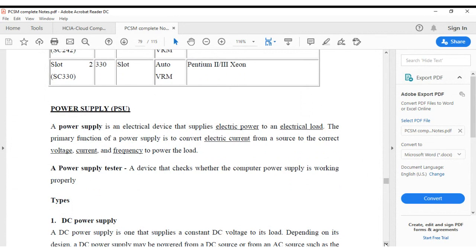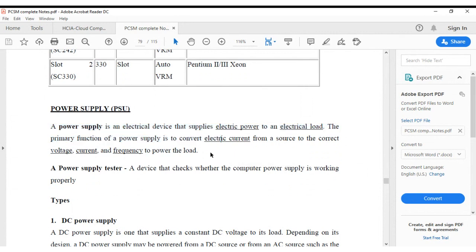Now, the primary function of a power supply is to convert electric current from a source to the correct voltage, current, and frequency to power the load. I repeat again, power supply is an electronic device that supplies electrical load, and the primary function of the power supply is to convert the electric current from the source to the correct voltage.